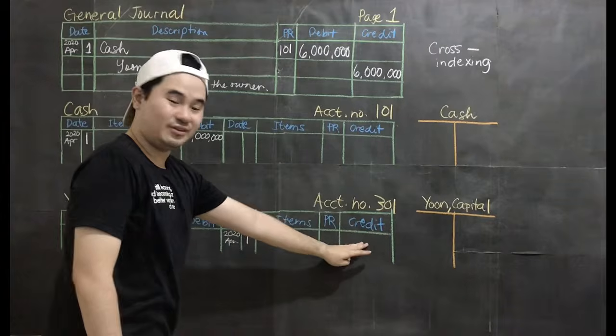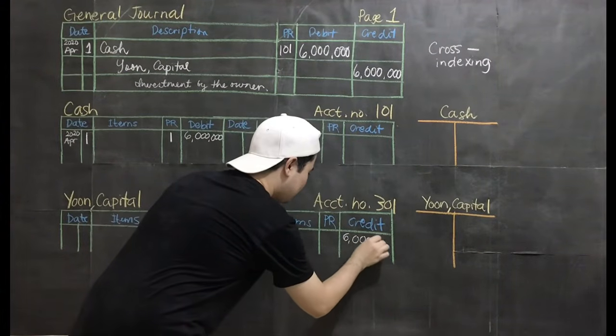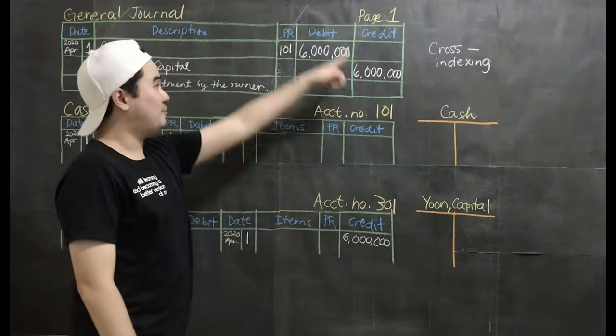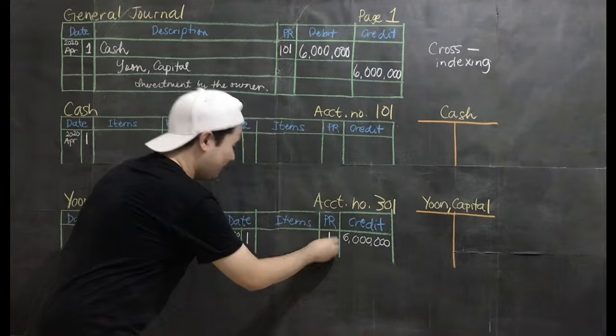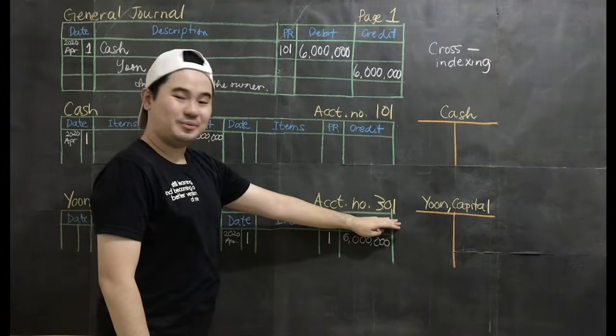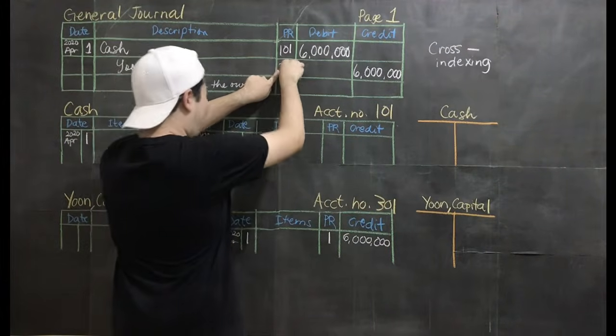So, lalagay ko dito sa credit 6 million. Anong page natin nakita to? Page 1. And to signify that this has been already posted, account number 301, lalagay ko dito 301.